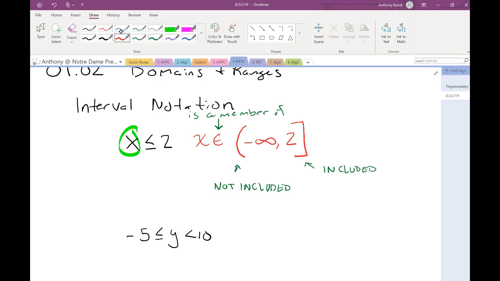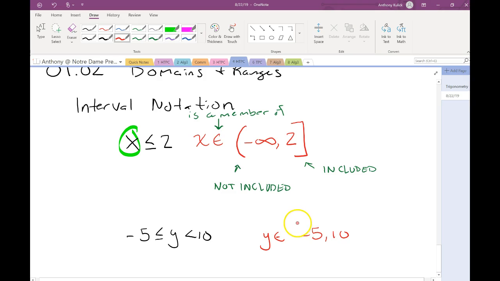So on this one, -5 is less than or equal to y is less than 10. Since we're talking about y's, we would start with y is a member of. And then what's the lower bound for this set? -5. And the upper bound is 10. The -5 is included or not included?